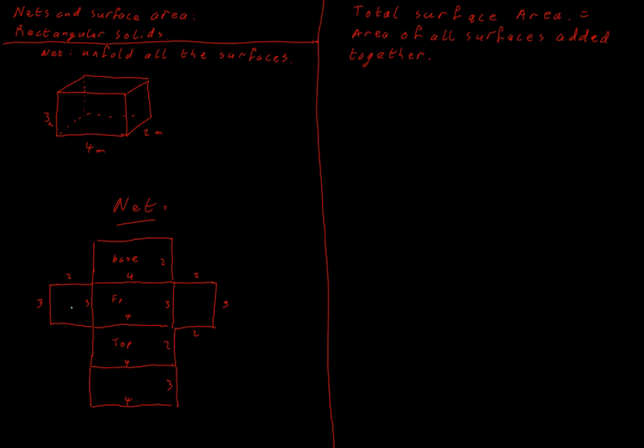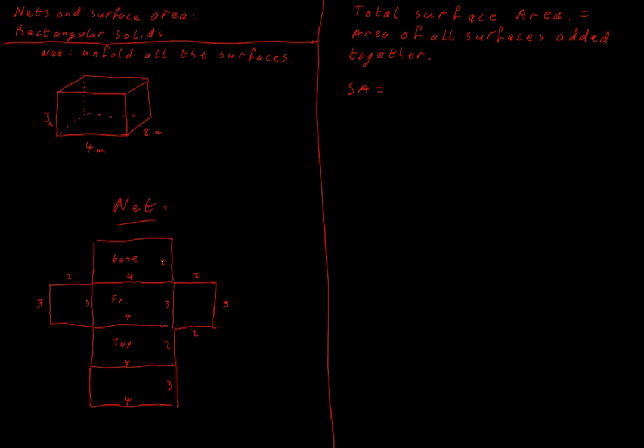And we can either use our net to help us with that, or we can get it from the shape directly. So the total surface area, I often call it surface area for SA, would be the area of my base, my front, my top, and the back and the 2 sides all added together.